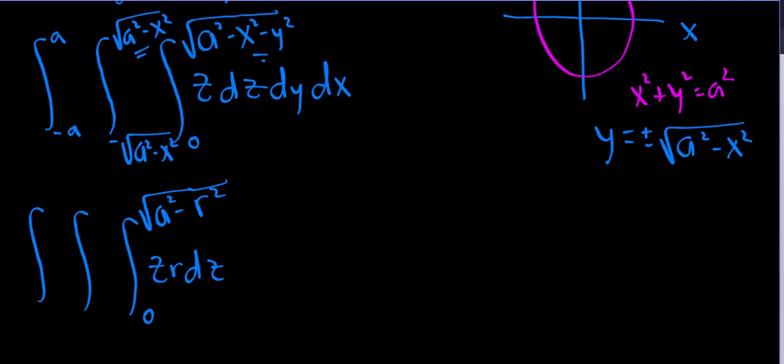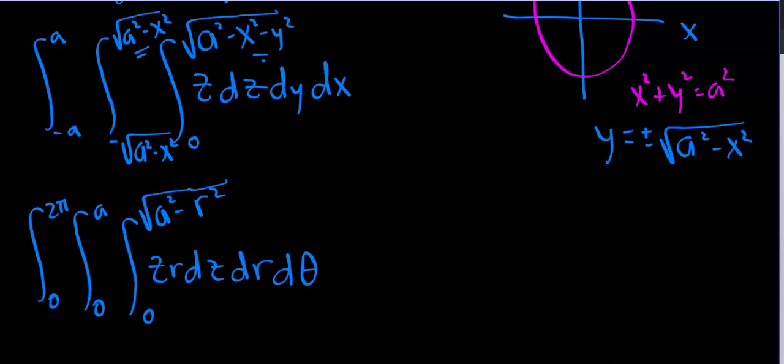Then next, I want to integrate with respect to r. r is going to go from 0 to a. And then finally, I'll integrate with respect to theta, from 0 to 2 pi. So this is the integral that we deal with. This is a classic example where staying in rectangular looks mighty ugly, but converting it to polar or cylindrical makes it look a little bit more manageable.